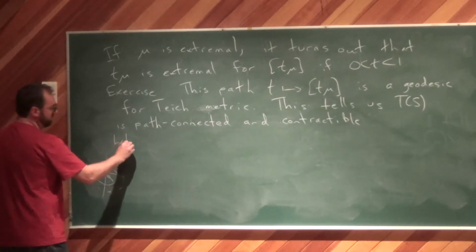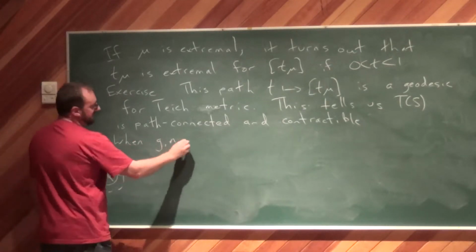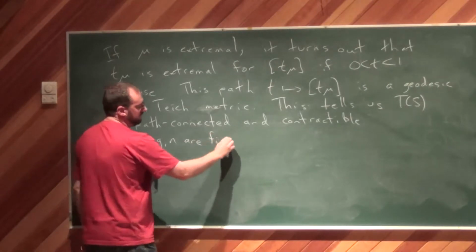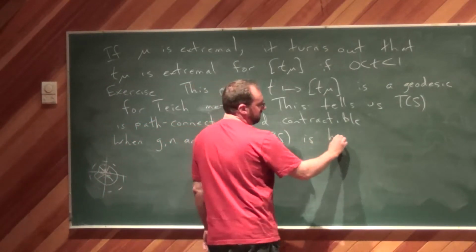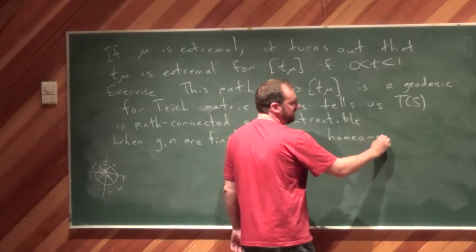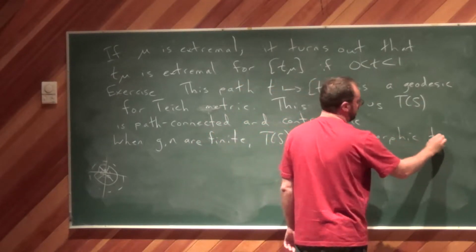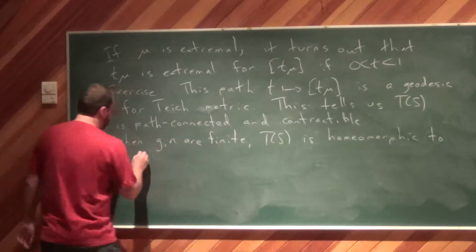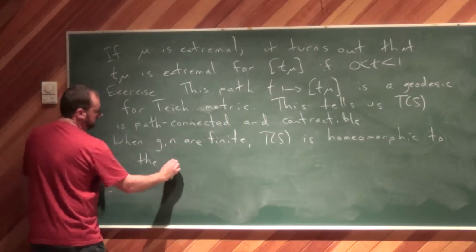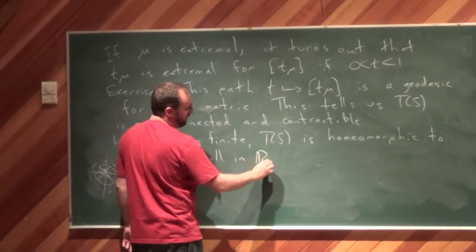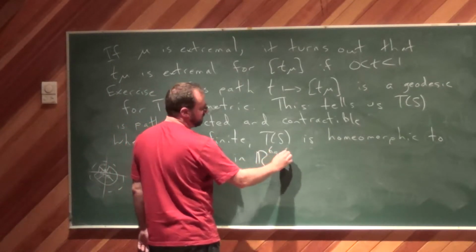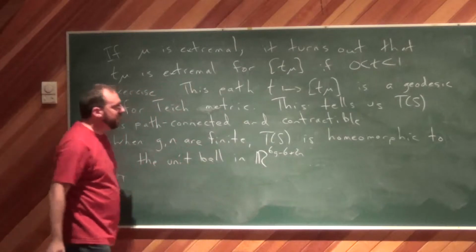So when G and N are finite, T of S is homeomorphic to the unit ball in R^(6G minus 6 plus 2N).